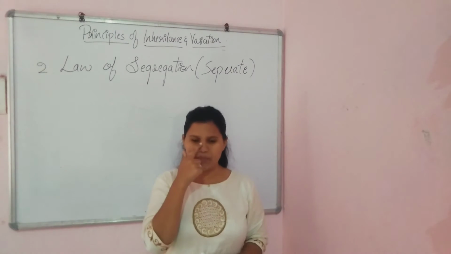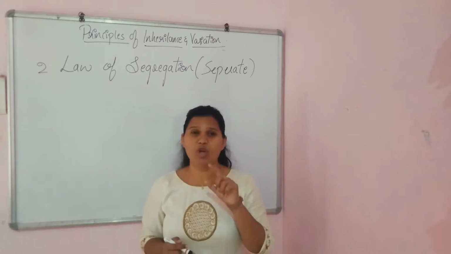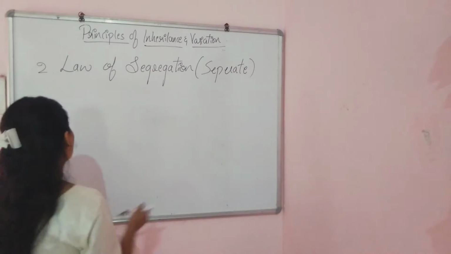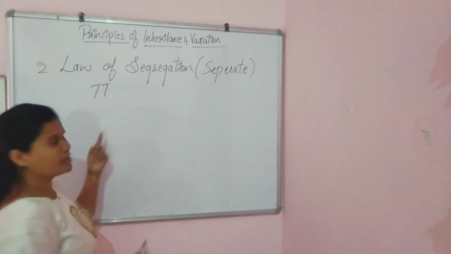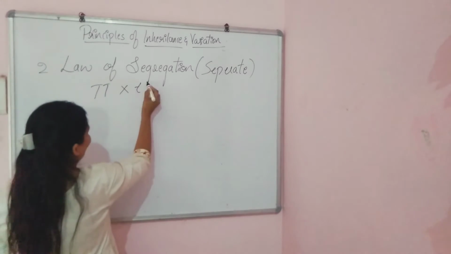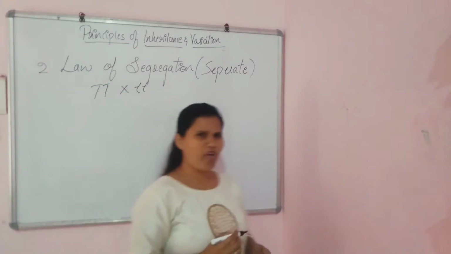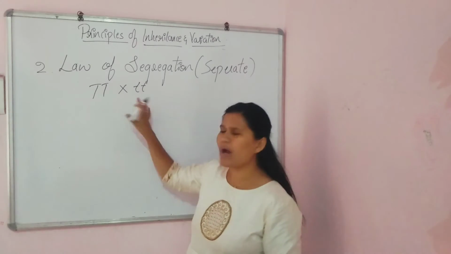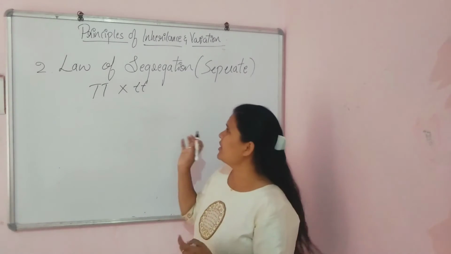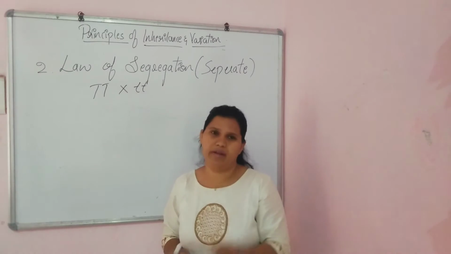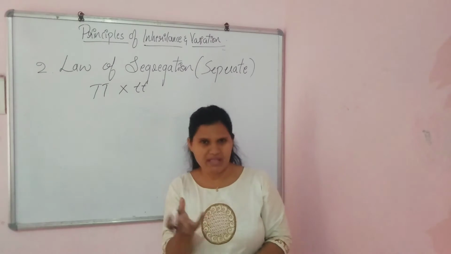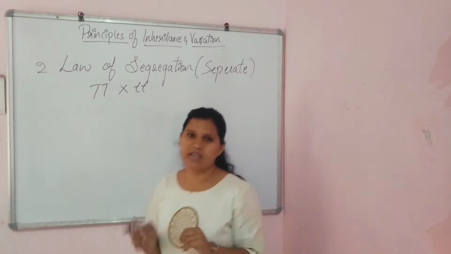For example, we have studied the tall plant and dwarf plant. Have a look over here. The capital T is the tall plant and the small t is the dwarf plant. If these two are the parents, this law suggests the alleles will get separated during the formation of gametes.